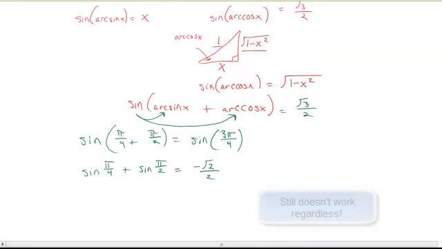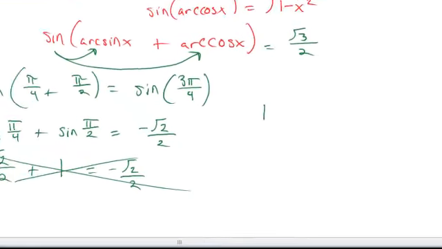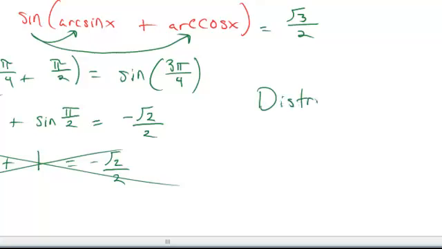We look on the left-hand side, I've got square root of 2 over 2 plus 1 equals square root 2 over 2. That doesn't work. So the distribution is not valid. It's not going to be able to give us the answer that we're looking for.